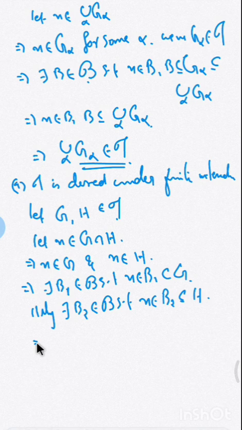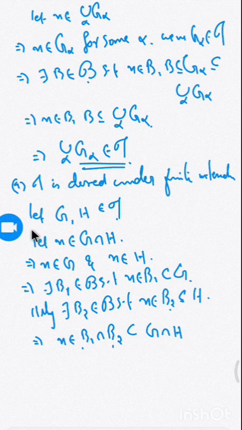Okay. So which implies X belongs to B1 and X belongs to B2. So X automatically belongs to B1 intersection B2. And where does this B1 intersection B2 belong to? It belongs to G intersection H. So when you take an element X in G intersection H, there exist elements B1 and B2 such that X belongs to B1 intersection B2 and it is contained in G intersection H. Now we are going to use our assumption 3. What was our assumption 3?